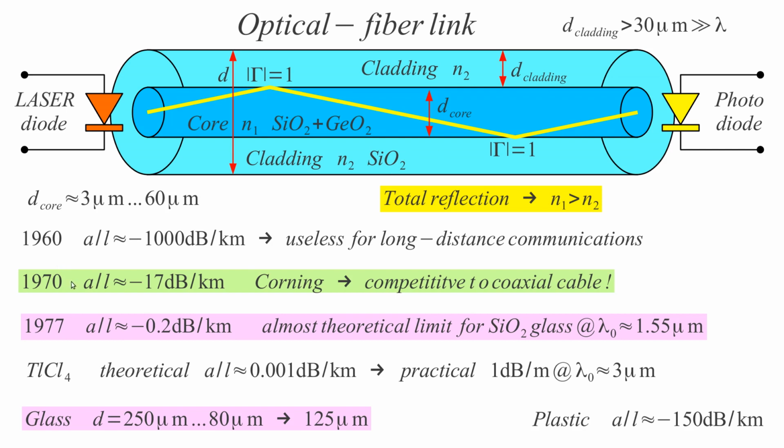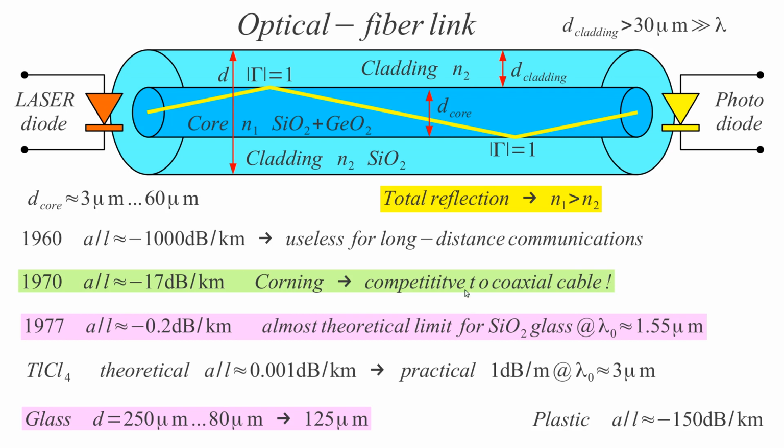yielded already in 1970 an attenuation of minus 17 dB per kilometer. This is actually competitive to coaxial cable. The attenuation is similar to coaxial cable, built by the Corning Glass company, and this is actually the point where optical fiber becomes competitive with coaxial cable.